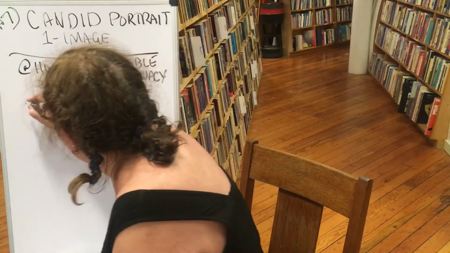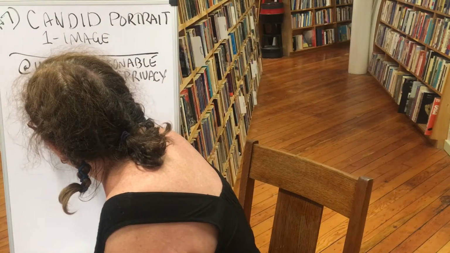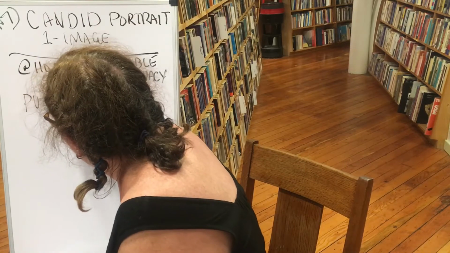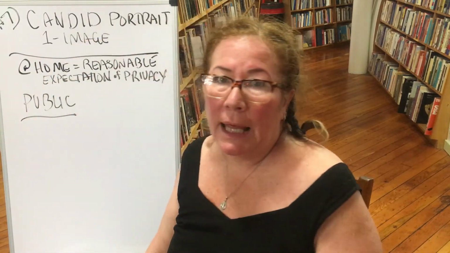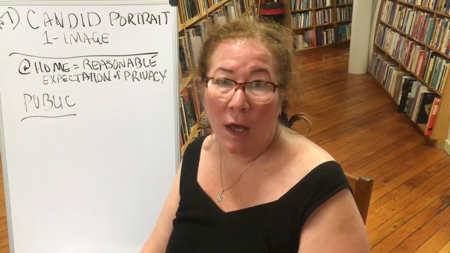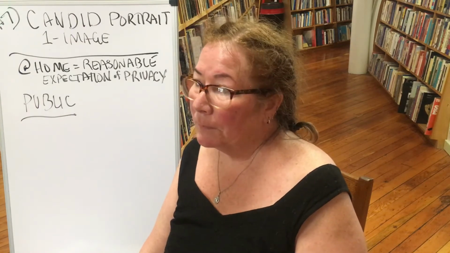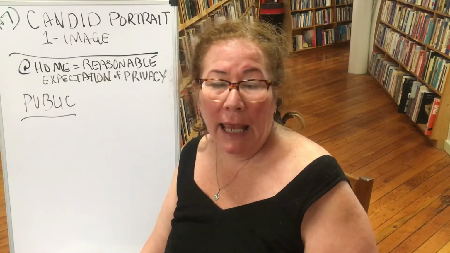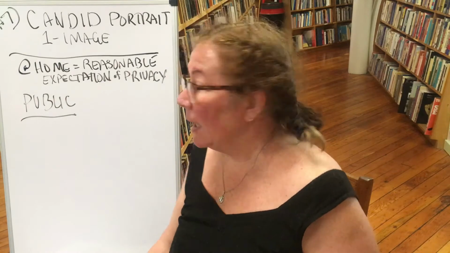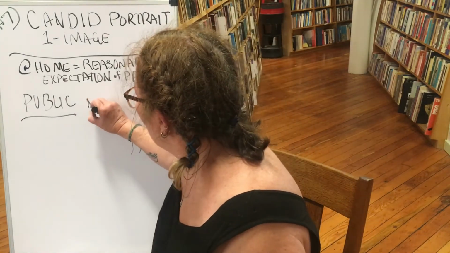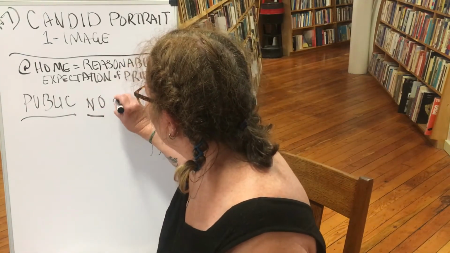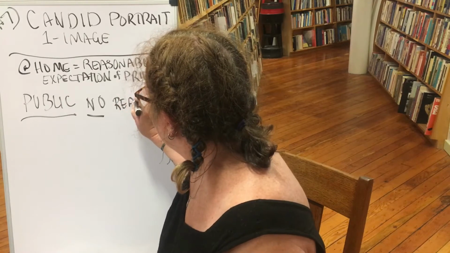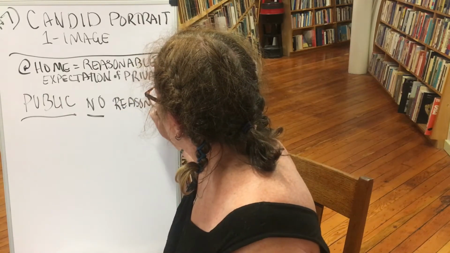In public, and this means any public place, out on the street, in a restaurant, in a store, at a park, any place that's public, okay, there is no reasonable expectation of privacy.